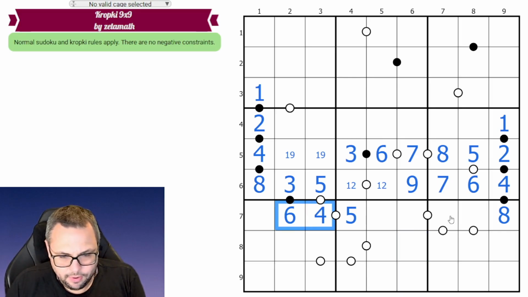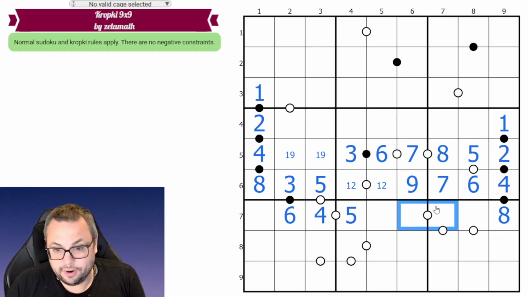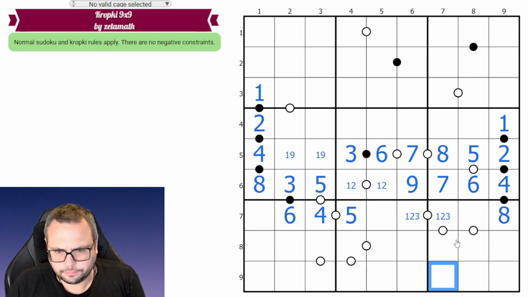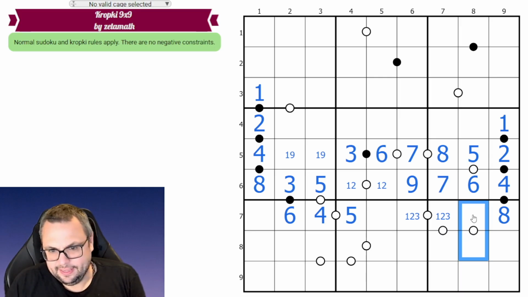Okay, but now I am again in a situation where I know what even digit goes on this dot, namely it's a 2. So this is from 1, 2, 3 only. And so I guess that makes this be from 1, 2, 3, 4 if I want to fill that in.